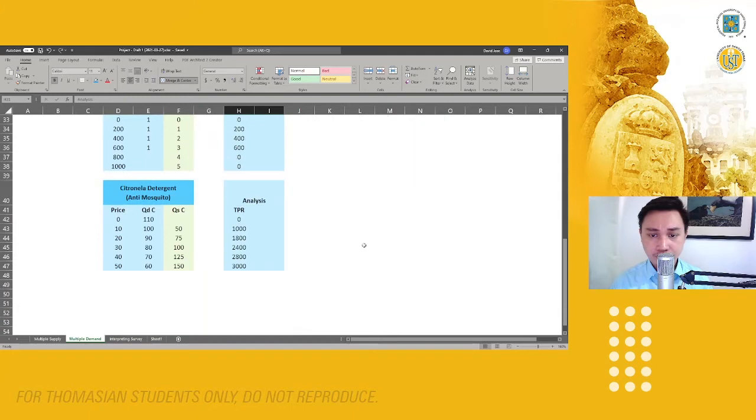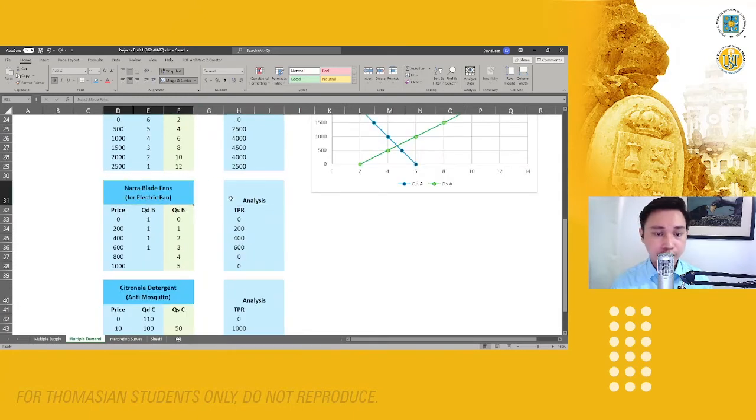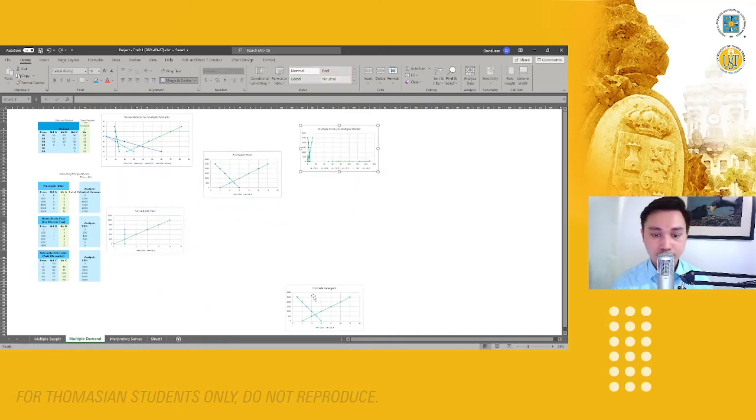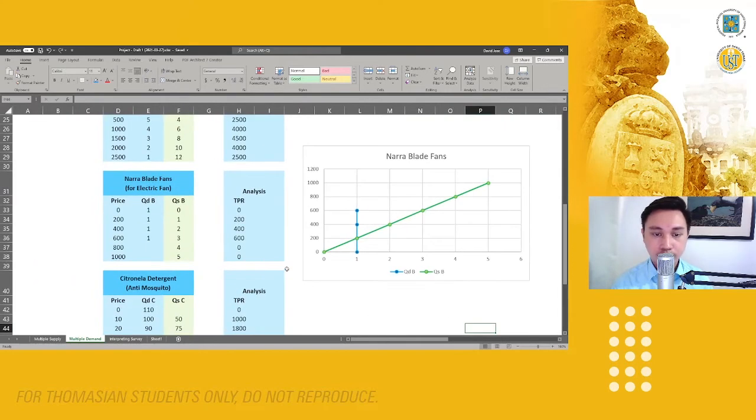Next we have this one, Nara Blade. Where's our graph for that? This one, okay. Let's place this one. Nara Blade creates the blades of the fan out of wood instead of plastic.